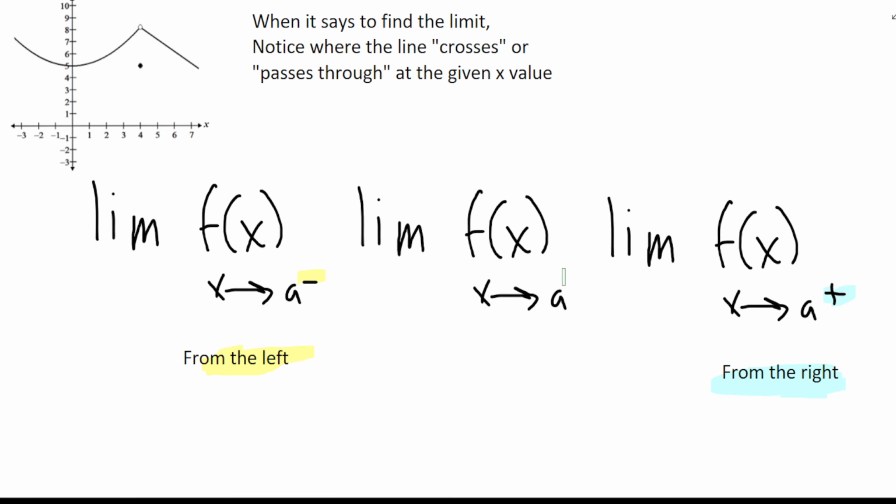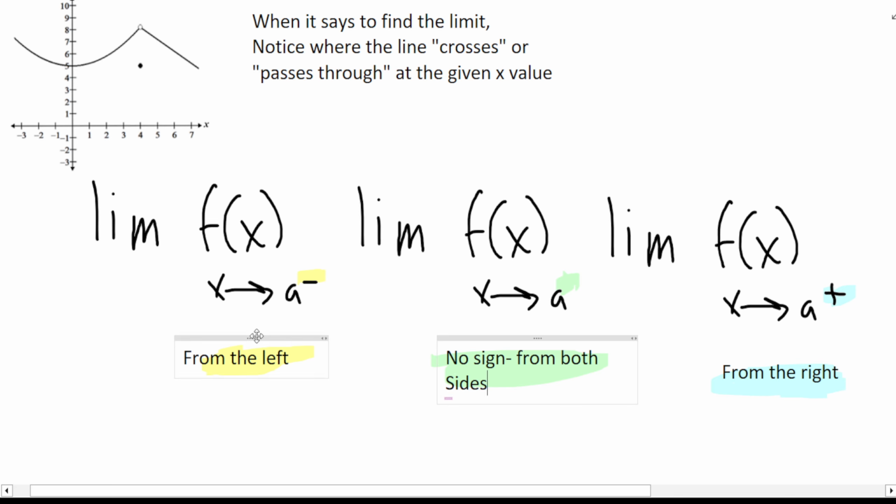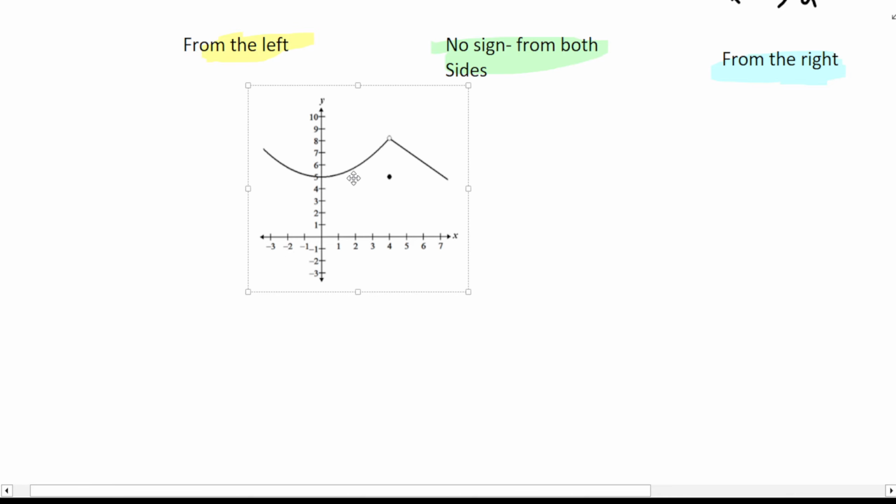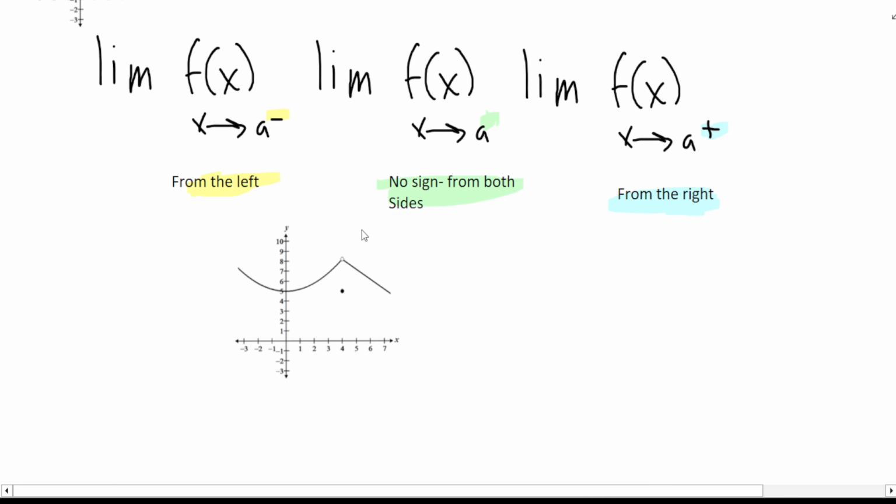And notice when there is no sign, what that basically means is that it's going to be from both sides. Now, this might not seem very intuitive, but I really implore you, it's simple: just follow the line from the left, from the right, or from both sides.